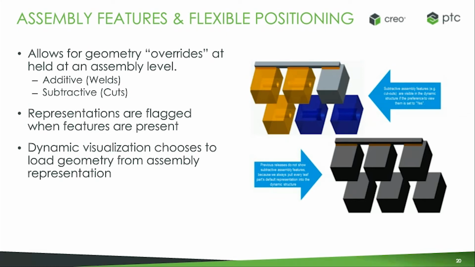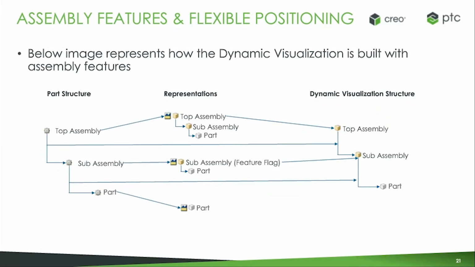The way that we handle this is by default, we still continue to build this dynamic visualization structure, but we have a flag that exists in the published representation of the subassembly that describes that this subassembly contains a feature that overrides the geometry of the part.